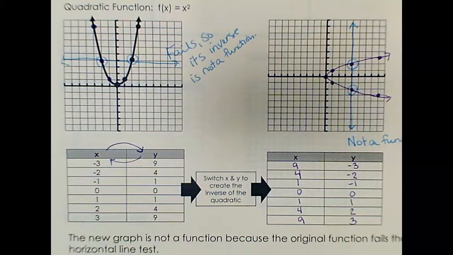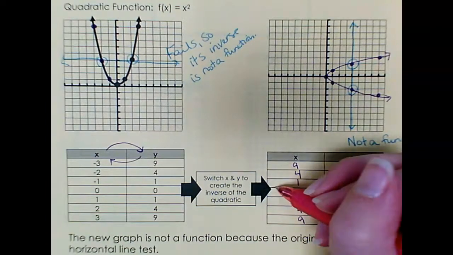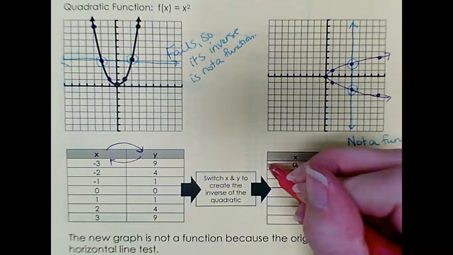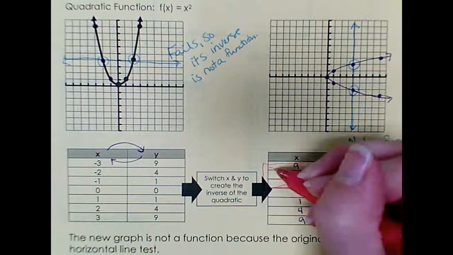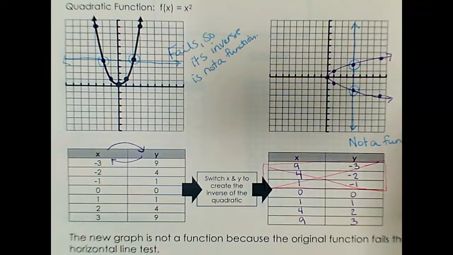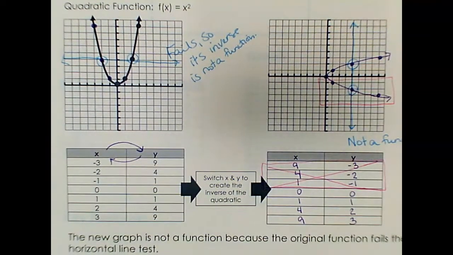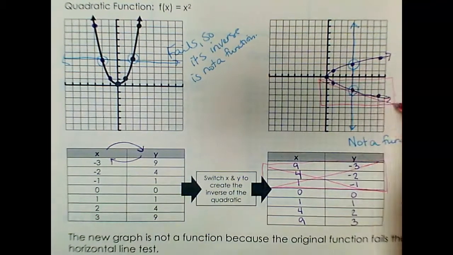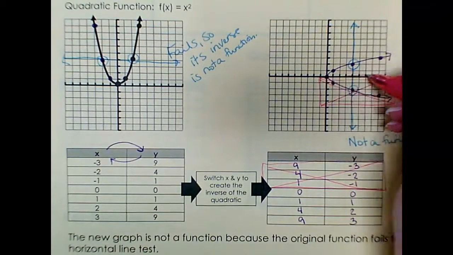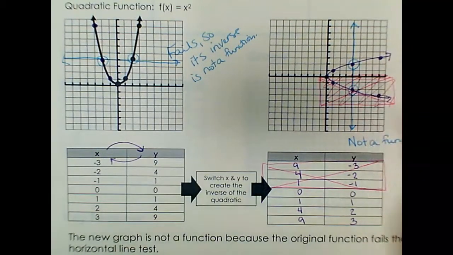If the inverse, though, if this graph is limited to only the positive square root values, all of these negatives that are right here, if I take these and I ignore them, that means that I'm taking this entire portion of the graph and I'm going to forget about it.